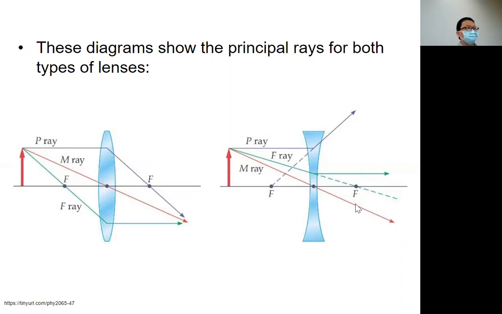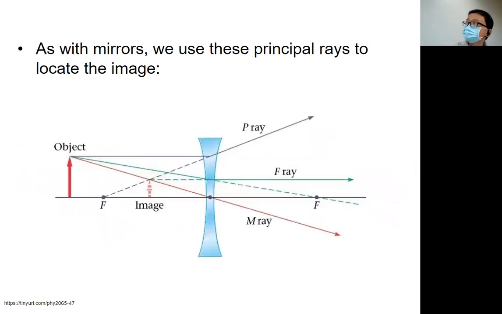You can see those three rays diverge, so they will not meet physically on this side, but they appear to come out from a point somewhere here. So this will be the image. It's a virtual image because those three refracted rays do not meet physically, but appear to come from a point on the other side.